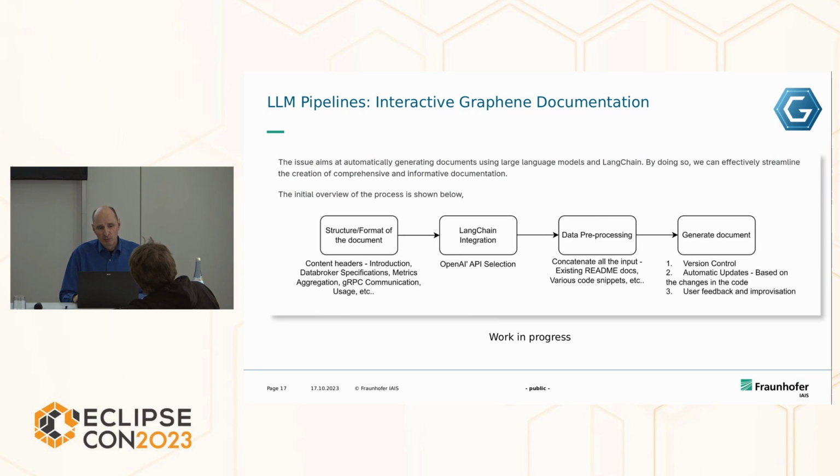And we are also working on LLM pipelines that actually enhance Graphene itself, to provide the user a more interactive way into the documentation. We are working on this kind of pipeline where LangChain is also used, and we generate the document. We are fine-tuning the output of the language model. So this is what we are actively working on.